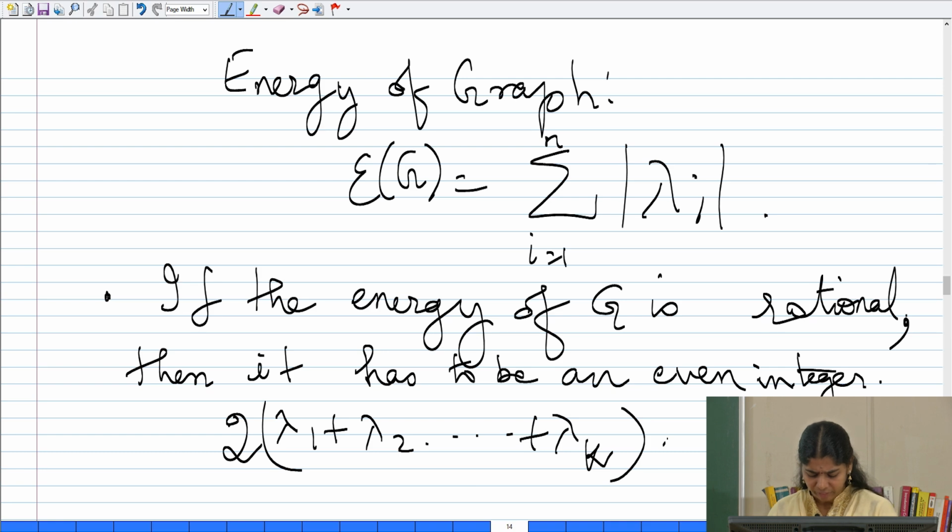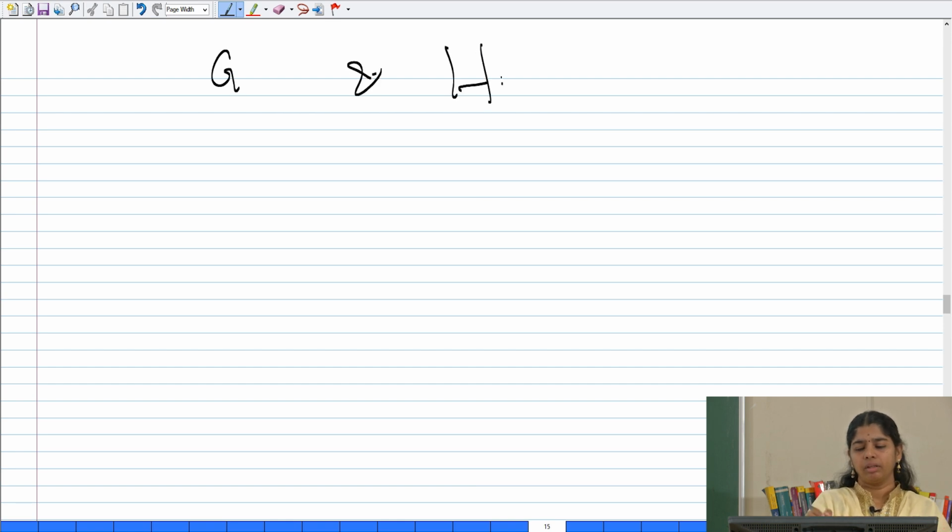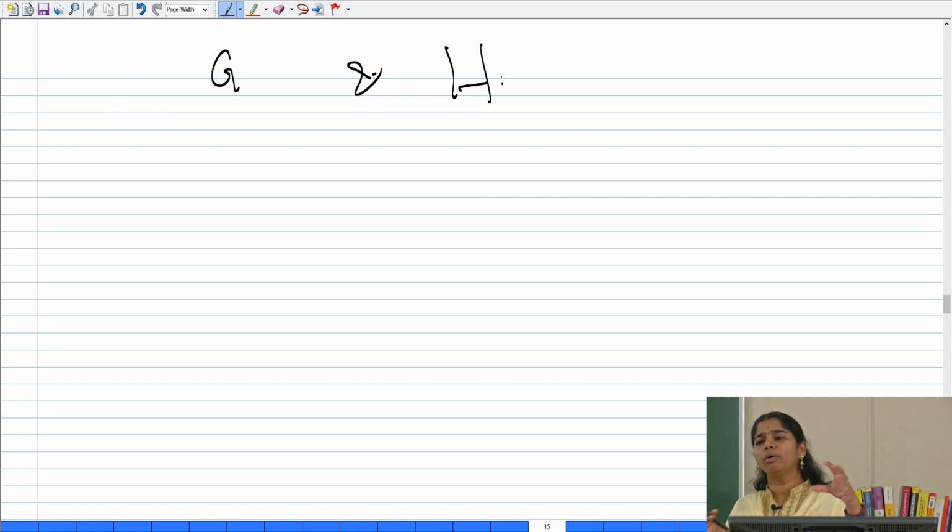So, a little further down, how do we connect two graphs? Suppose I have two graphs G and H. If I want to talk about the eigenvalues of G and eigenvalues of H, how do I connect them? Okay, there is one way of combining the two graphs, there are various methods using products.